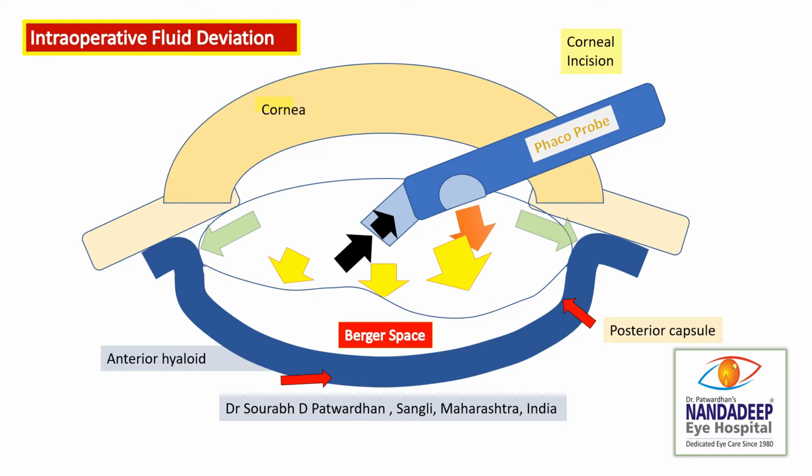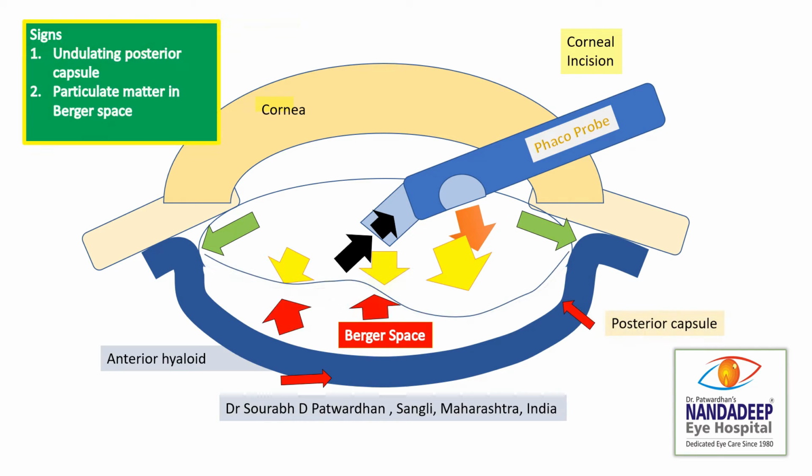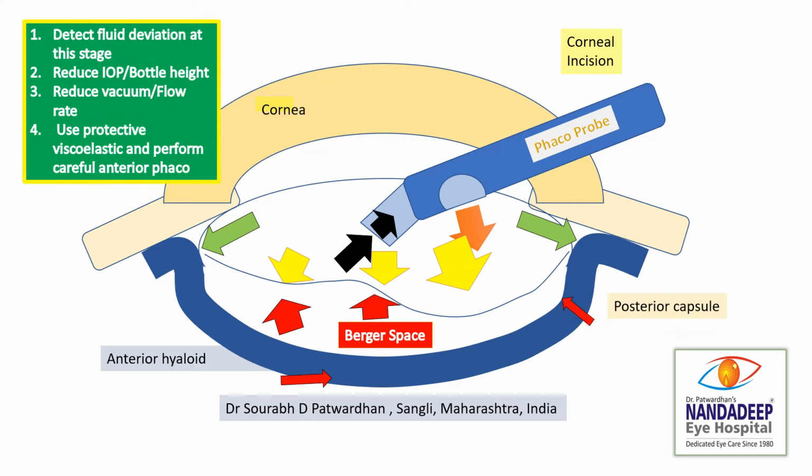So there will be more undulations of the posterior capsule seen. There will also be some particulate matter in the Burgess space, which can be visualized while doing phacoemulsification. Both the signs indicate that the fluid deviation has started.